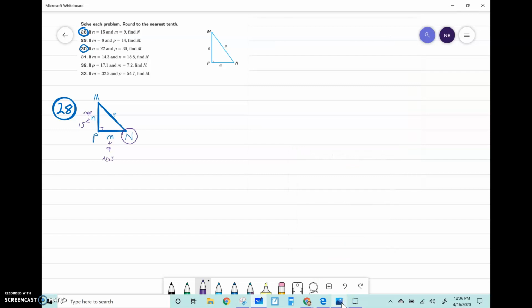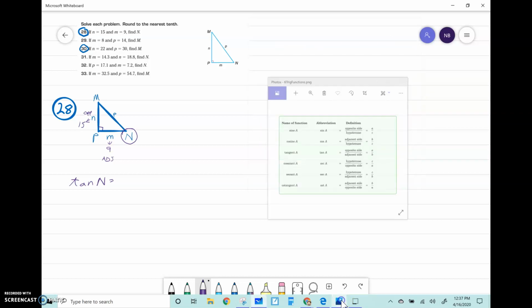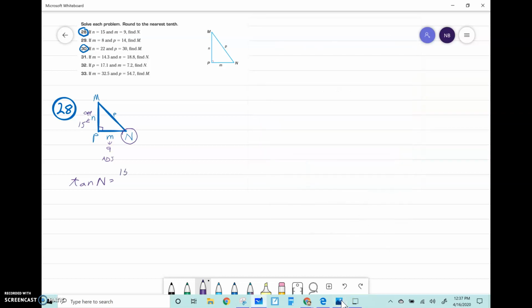So I have the tangent of angle N equals, and tangent is opposite over adjacent, so equals 15 over 9. Now moving forward, you could simplify this fraction, but we're going to try to do this as efficiently as possible with as little work as we can, because a lot of this is calculator work.